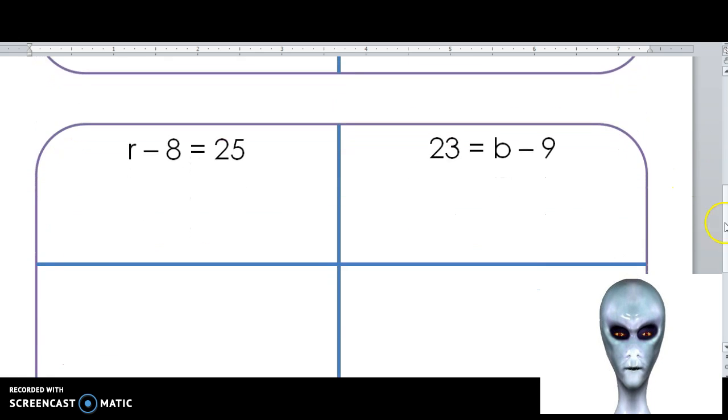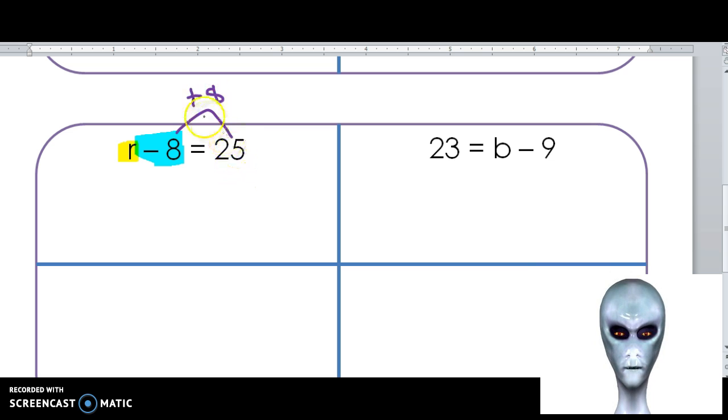Now let's look at our concrete examples of how you might see it in an algebraic problem. R is my variable. R minus 8 is equal to 25. So what number minus 8 equals 25? The inverse operation of subtracting 8 would be to add 8 to both sides.